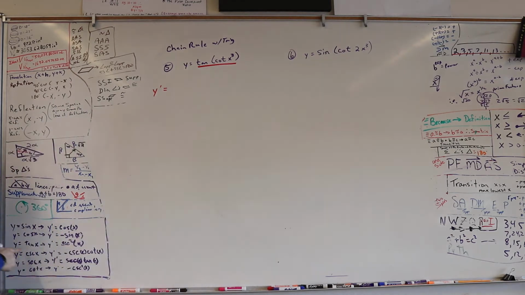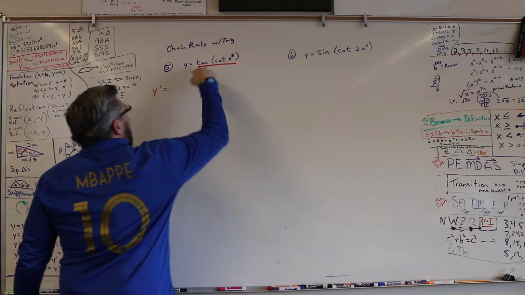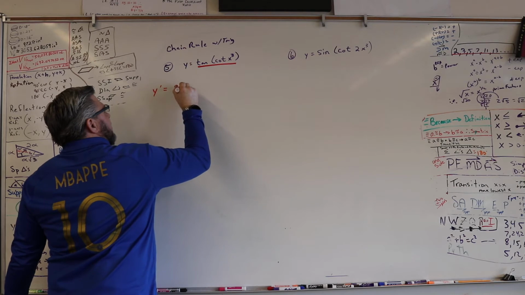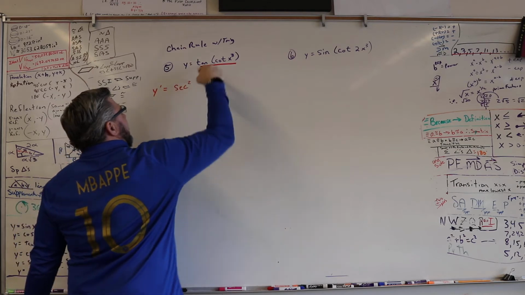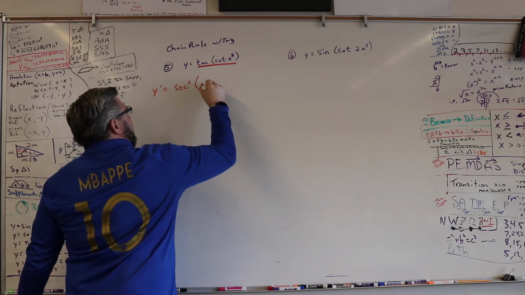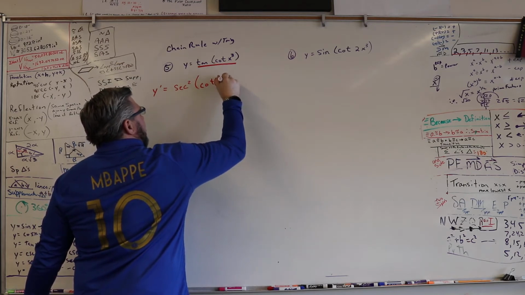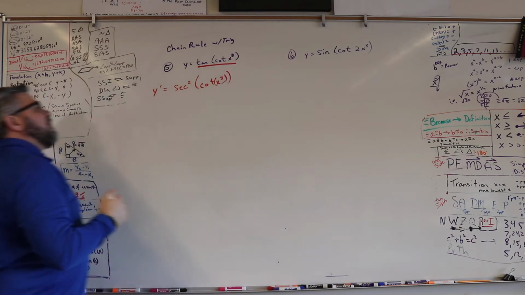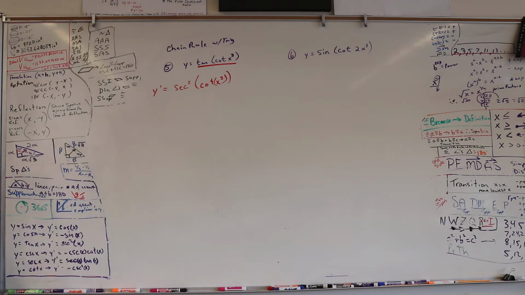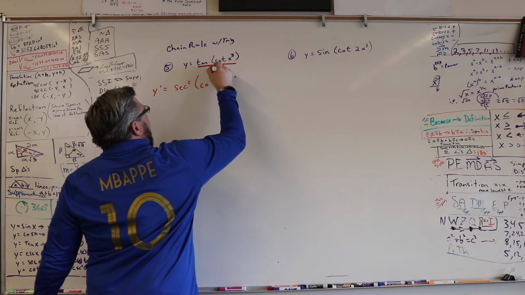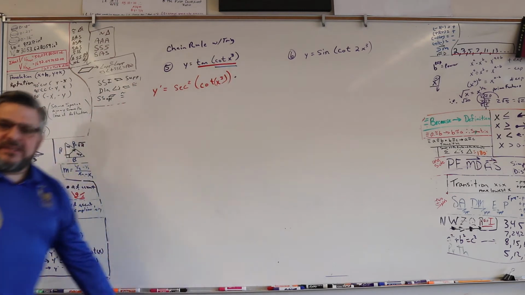Tangent's derivative is secant squared, so the derivative of tangent is going to be secant squared of this cotangent x cubed, okay? And then we will multiply that by what's on the inside.